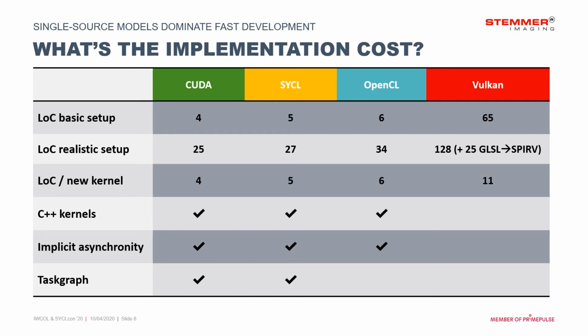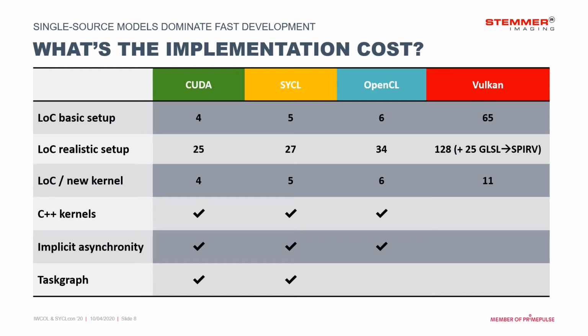So we can see that the single source models, CUDA and SYCL, are somewhat shorter than the other two. For OpenCL, it should be noted that these few lines are only possible when using the C++ headers in version 2, because it allows doing many things implicitly using default arguments. The difference to Vulkan is quite high, but don't be afraid.